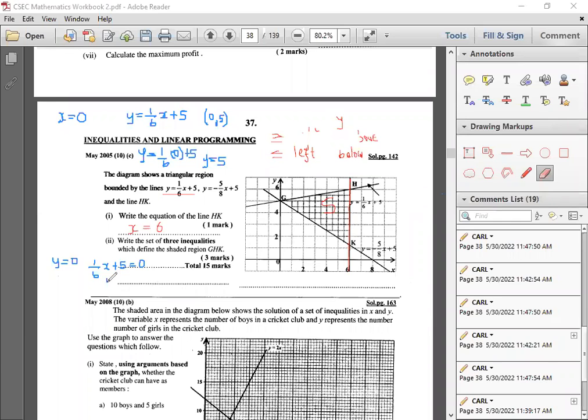So 1/6 x is equal to -5. So x now would equal -30. So you'd have to plot these 2 points, -30 and 0.